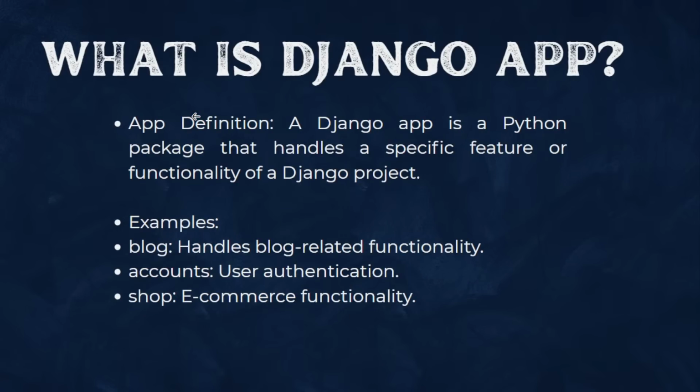What is a Django app? I already said the app is a specific task or specific feature. App definition: a Django app is a Python package that handles a specific feature or functionality of the Django project. In a website there is separate functionality for each thing, like a login system.